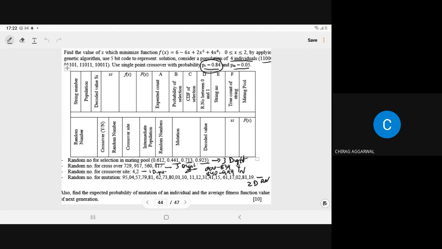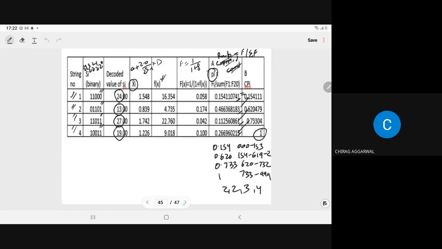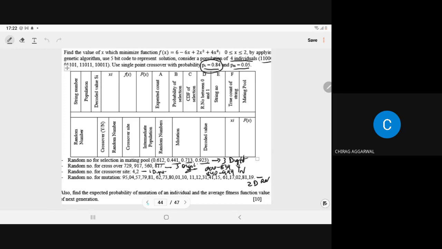They are given just to make it ambiguous, right? We have given four random numbers, but you have to use only two, for the two pairs. 729 lies in this range, so it is yes. First pair is yes, second pair is no.